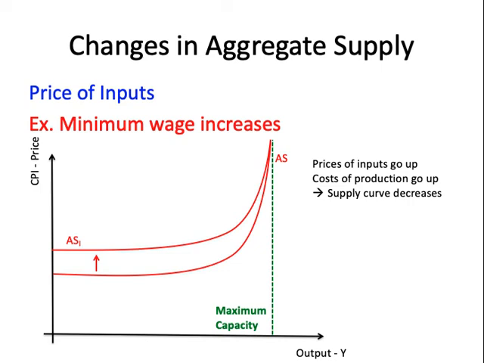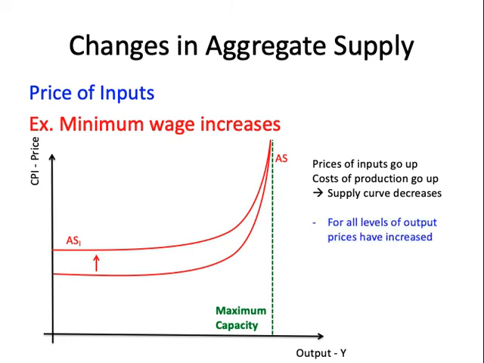Right? So our supply curve is decreasing. We're able to produce less with the same amount of money. However, our capacity to produce does not change because even though those people cost more money, they're still able to produce it if you were willing to pay them. And so a price of an input change is going to change the curve, yet the capacity ultimately will not change.